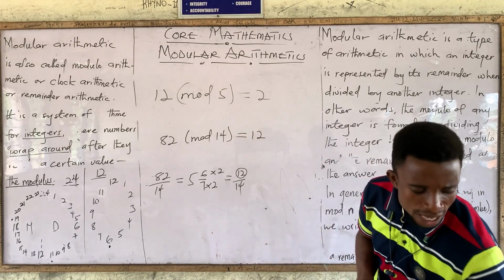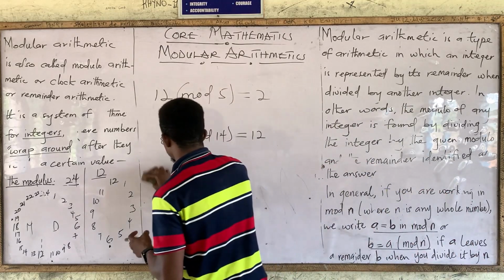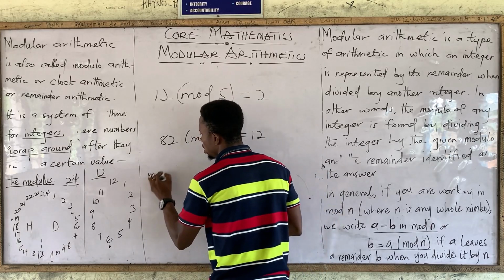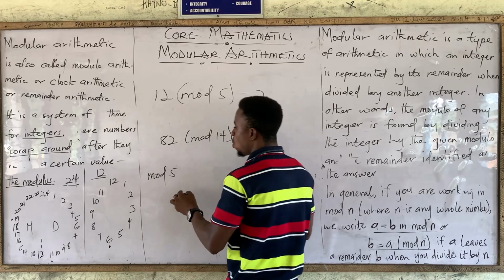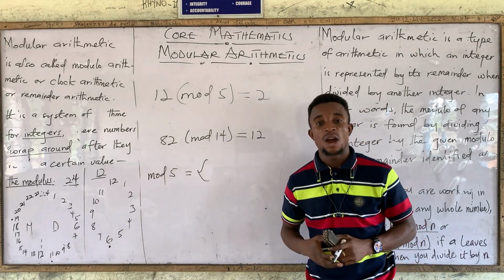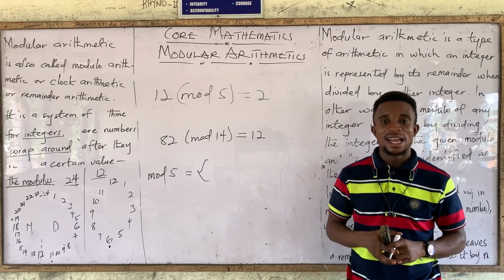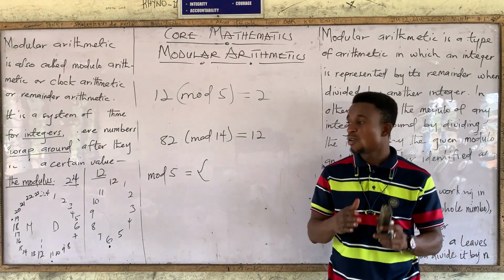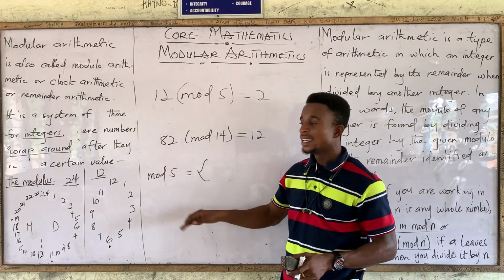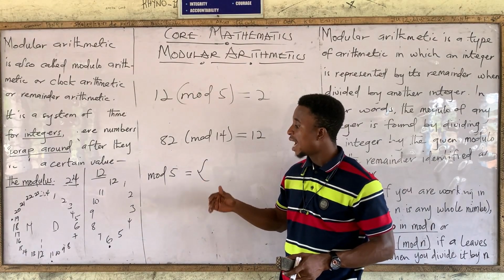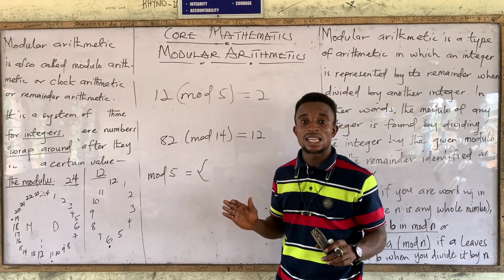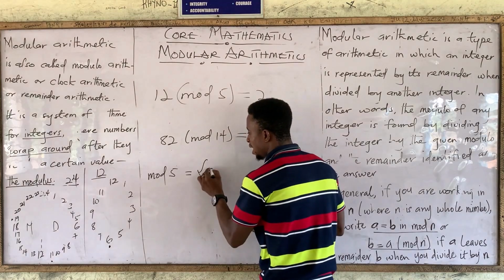But before we proceed, let's see something. If in case I'm giving you mod 5, what are the possible remainders? The possible remainders for this particular mod 5 is that it can be a situation whereby after taking the number of 5s from the integer, there will be nothing left. So a remainder can be 0.